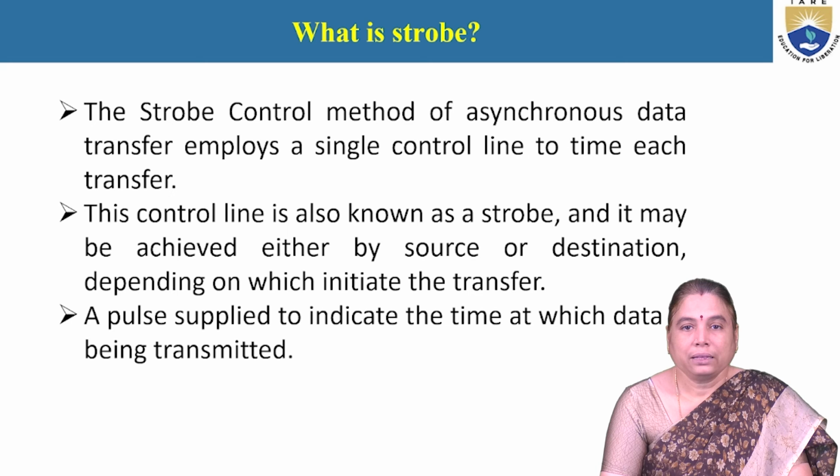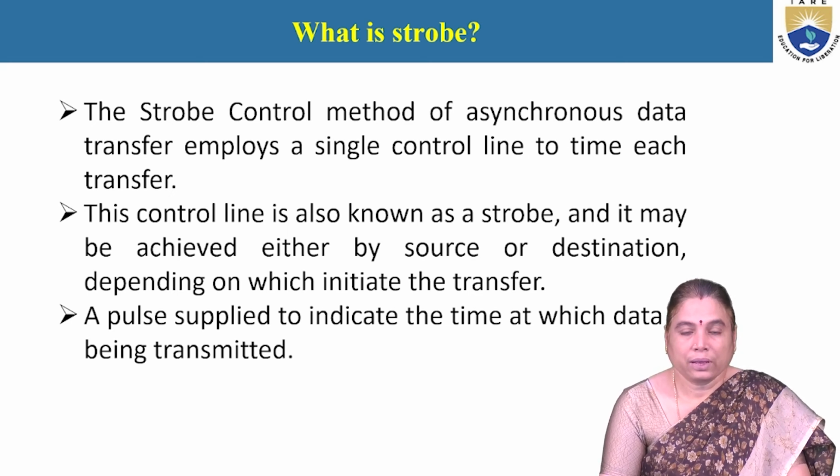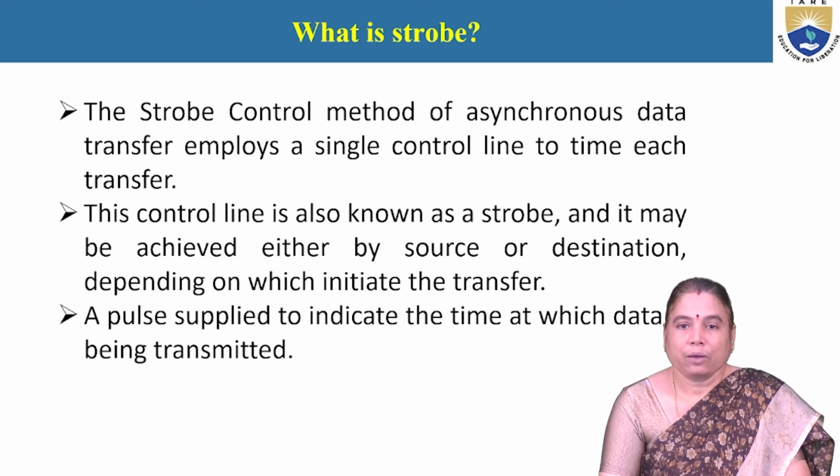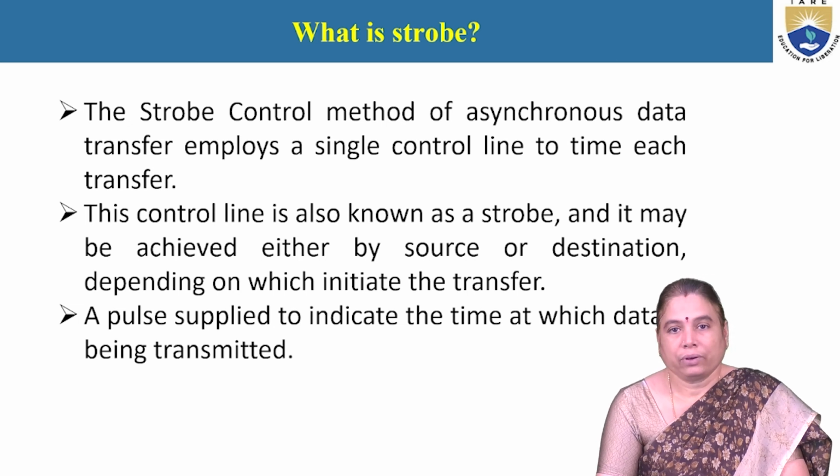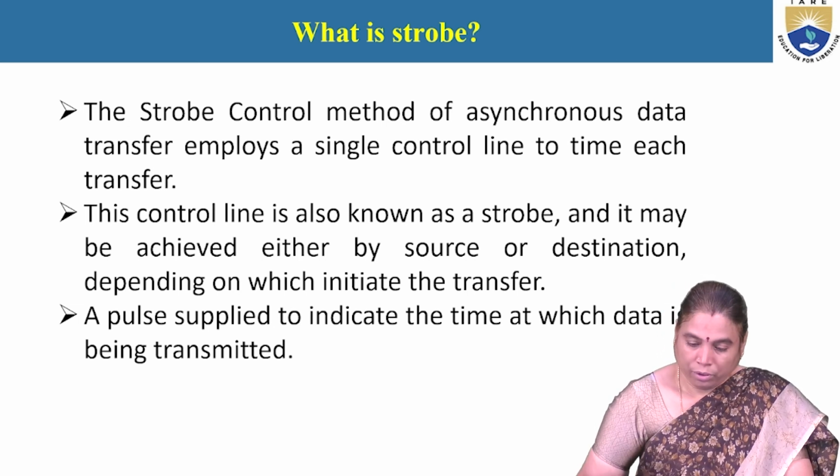This control line is called the strobe and it may be initiated either by the source or the destination. Two types of strobes are available: source initiated strobe and destination initiated strobe. A pulse supplied to indicate the time at which data is being transmitted is generally referred to as the strobe.